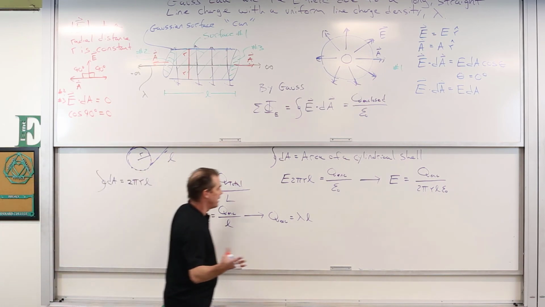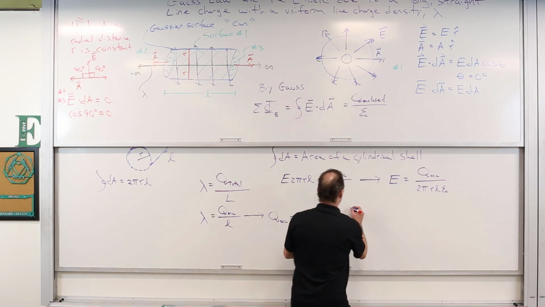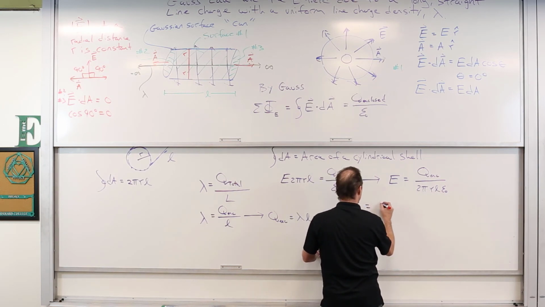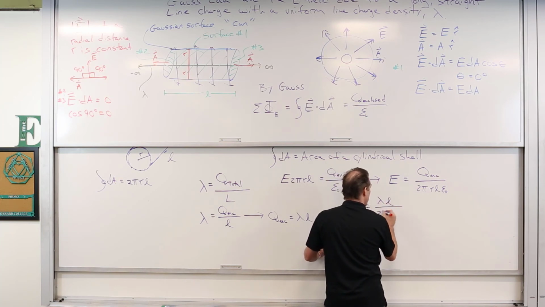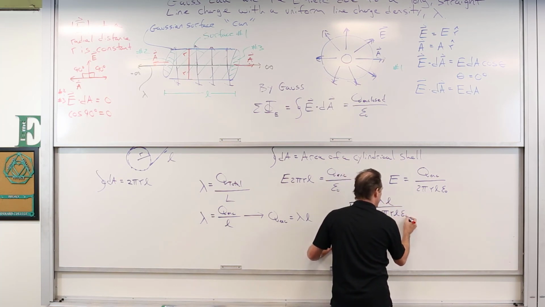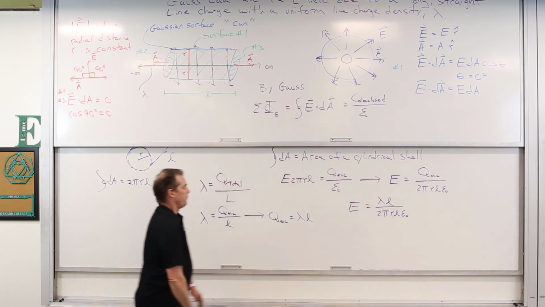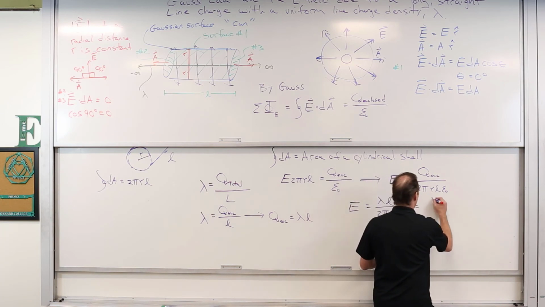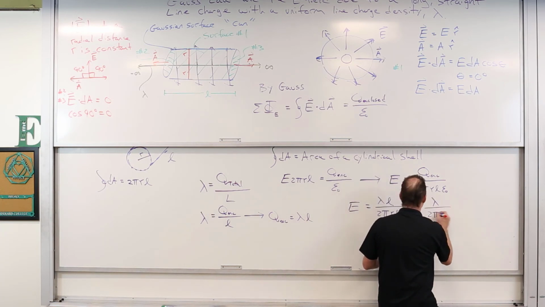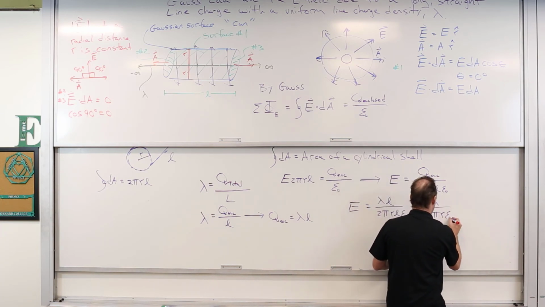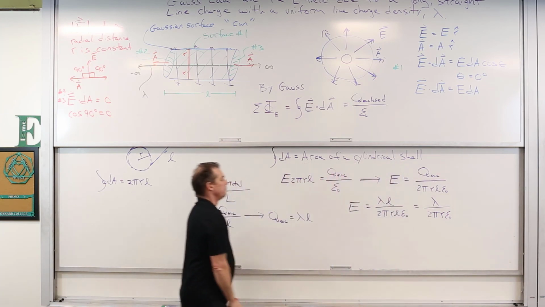Boom, that makes pretty good sense, right? So we put that up there, and the electric field magnitude is then equal to lambda times L divided by 2 pi r L epsilon 0. Good, the L's cancel out, and we've got that this is equal to lambda over 2 pi r epsilon 0.